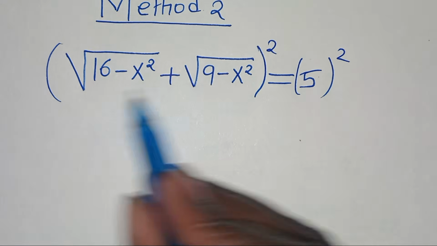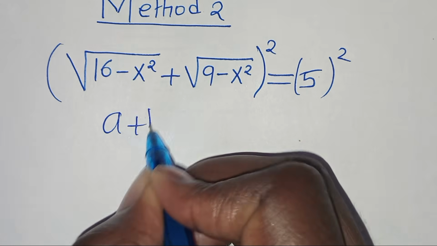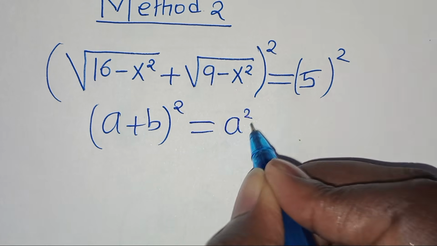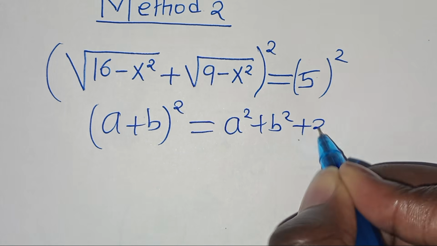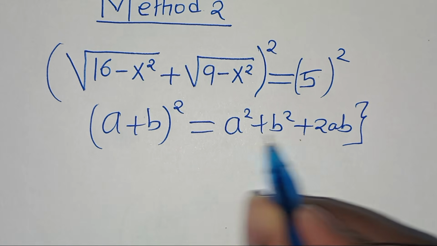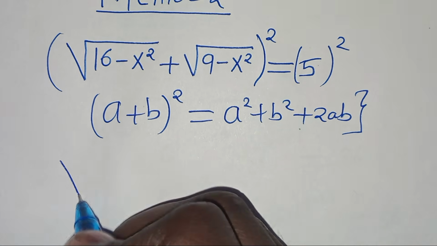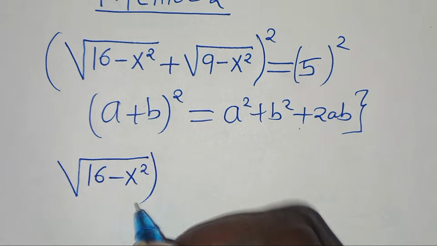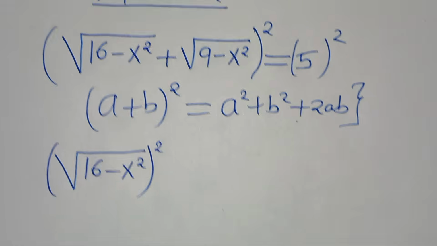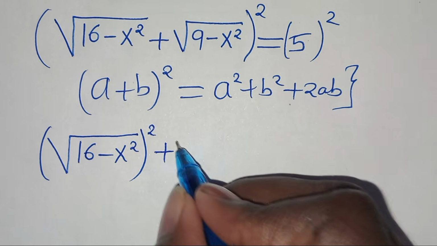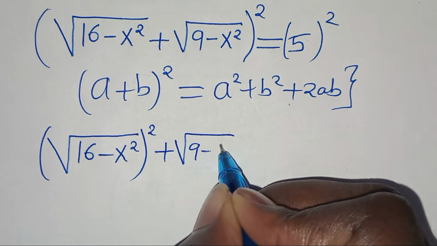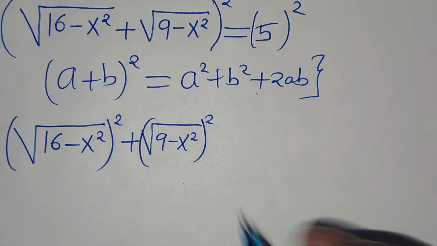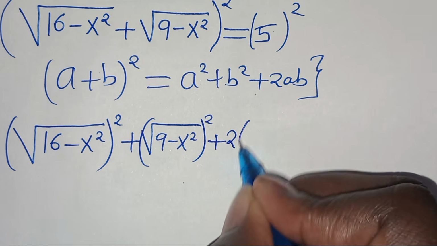so that now this is in the form of a plus b raised to the power of 2. This can be expressed as a squared plus b squared plus 2ab. Applying this algebraic identity, then we have the square root of 16 minus x to the power of 2, everything here raised to the power of 2, then plus square root of 9 minus x to the power of 2, everything here raised to the power of 2, then now plus 2 into the parentheses.